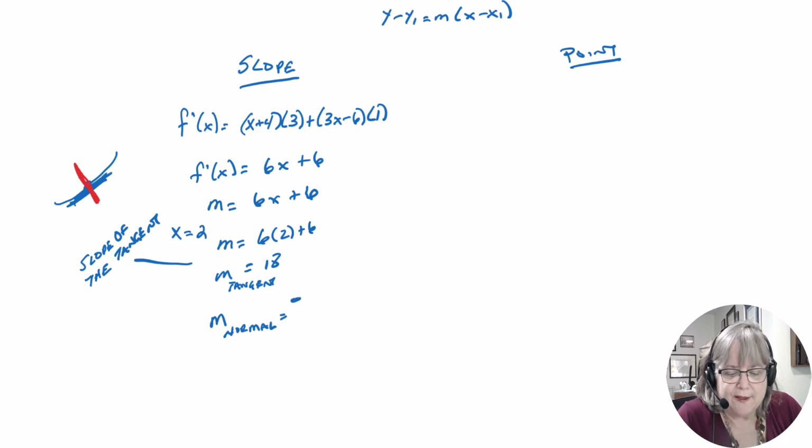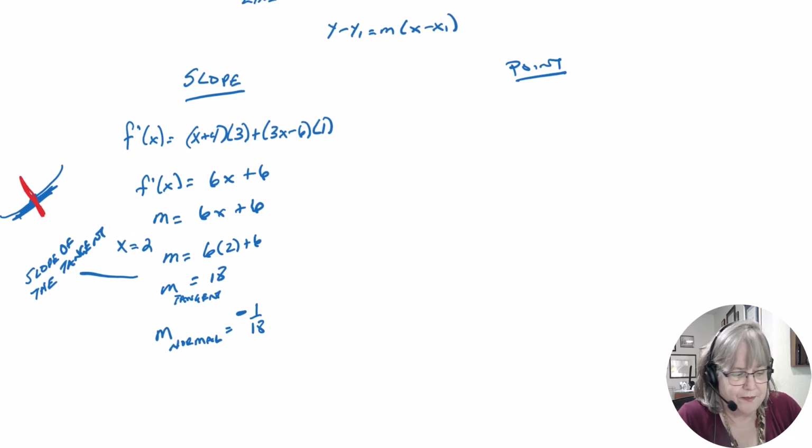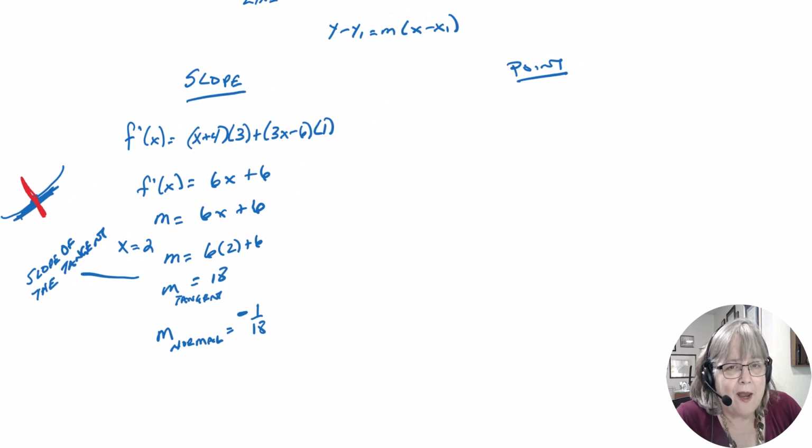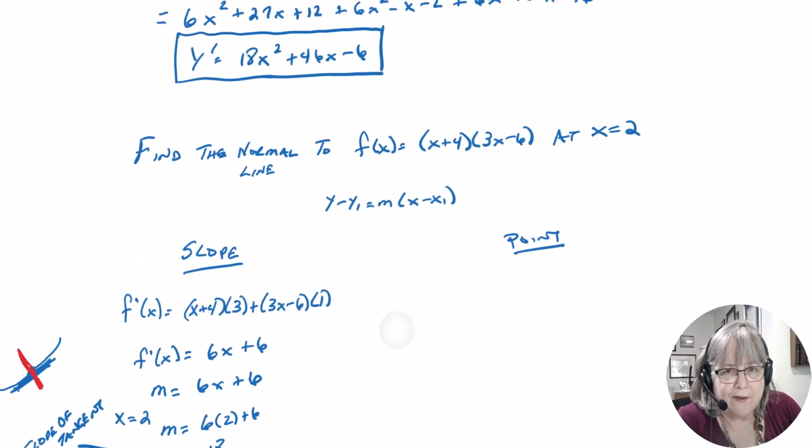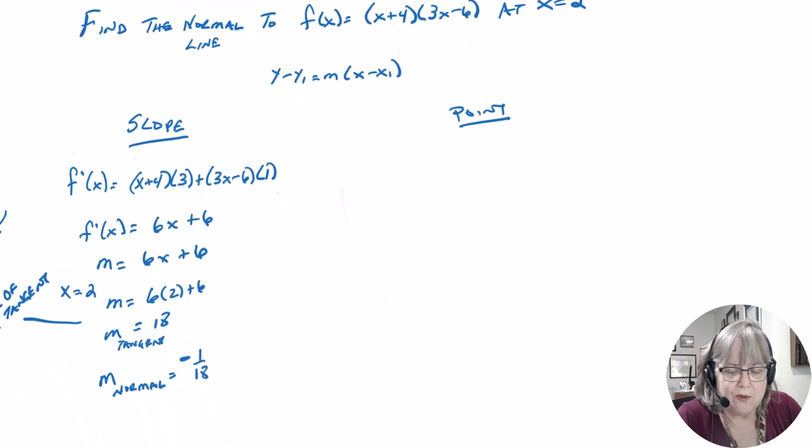So you change the sign and flip it. Okay, so this is the slope we're going to use for the normal. Even if it asks you for the normal, you have to go through the tangent to get to the normal.